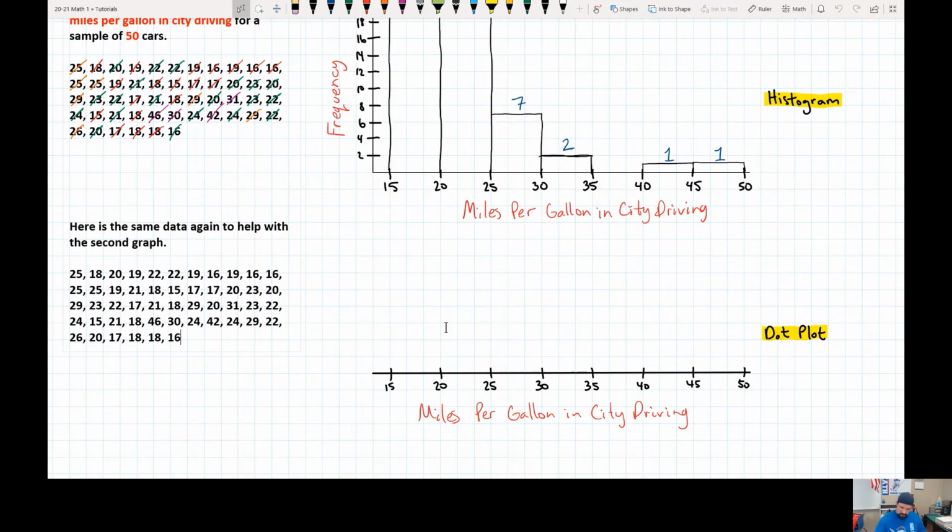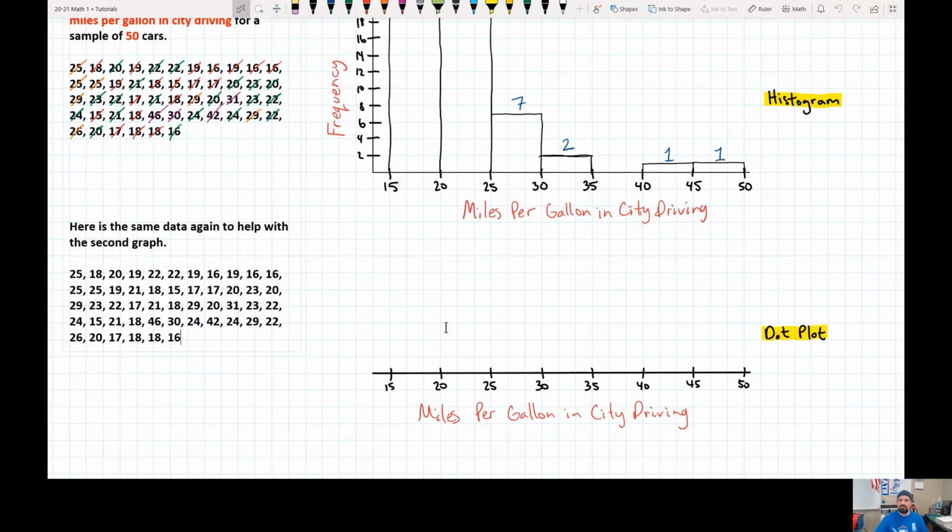All right. The other thing to point out is that the spacing between our hash marks, between the histogram and the dot plot, is even, right? It's equivalent. There's a range of 5 units on our histogram, 15 to 20, 20 to 25, 25 to 30. Even though we didn't use 35 to 40, we still labeled it, we left it empty. Same thing happens on the dot plot.